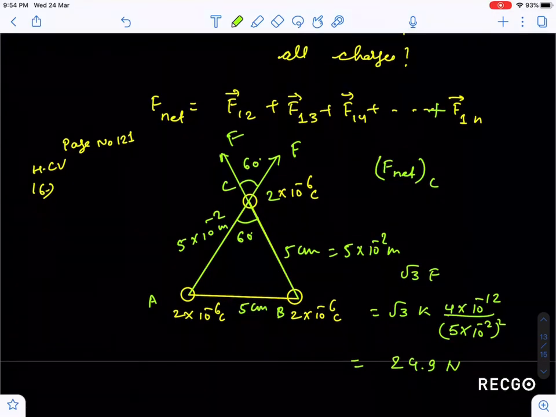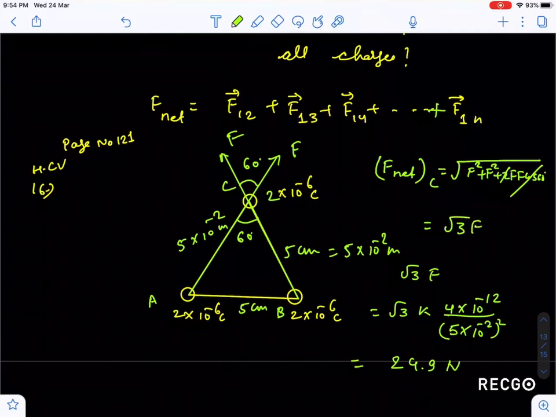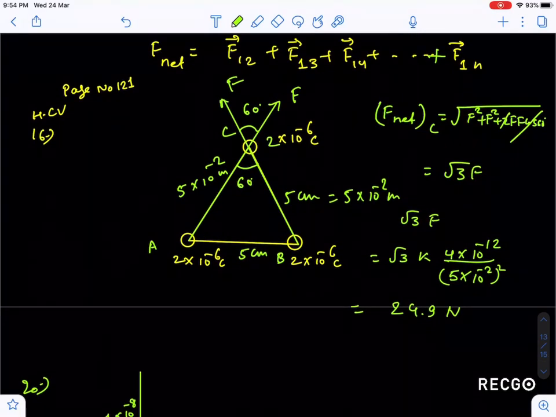So to calculate the net force, you know that F net can be written as under root of F square plus F square plus 2FF cos 60 degree. But cos 60 degree is 1 by 2, so I can write this simply as root 3 F.